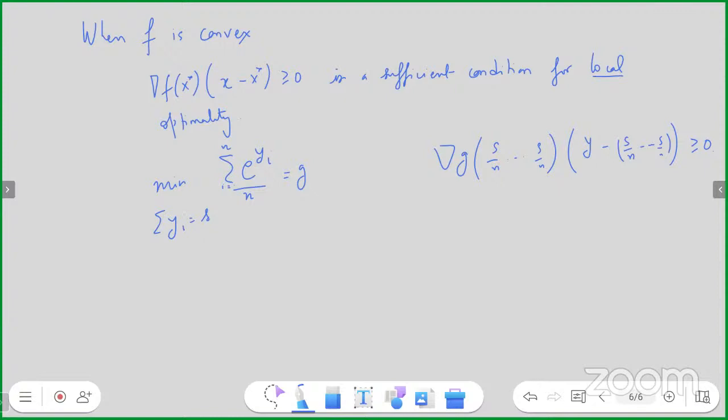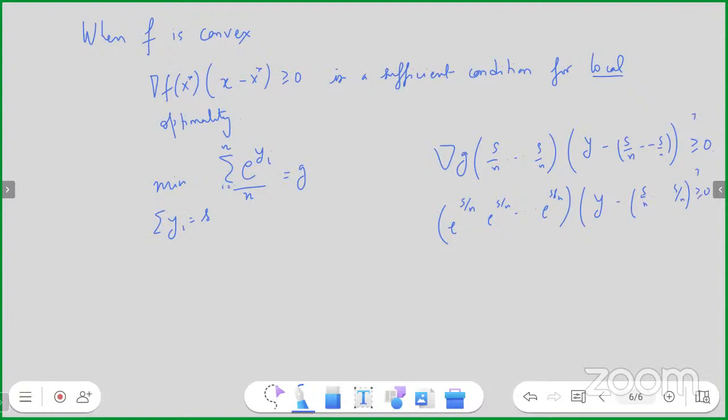What is the gradient of g? Usually, e to the power x has gradient e to the power x. So this will be e to the power s by n in each component, times yi minus s by n. I just need to check whether this is true or not.